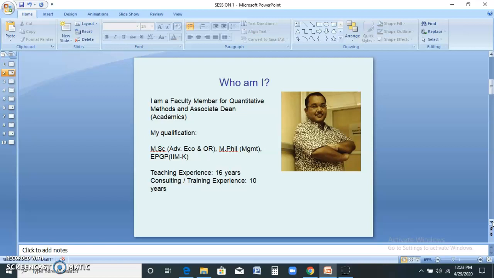I have a Master's in Economics and Operations Research, followed by an MPhil in Management and an Executive Postgraduate Program in Management from the Indian Institute of Management, Kozhikode. I have around 16 years of teaching experience and around 10 years of consulting and training experience.